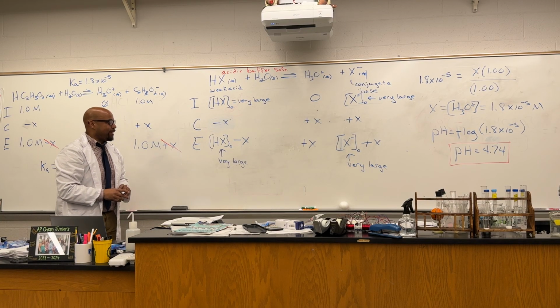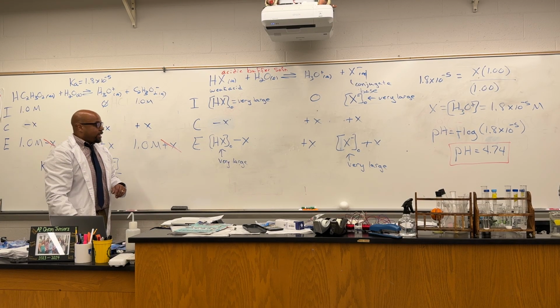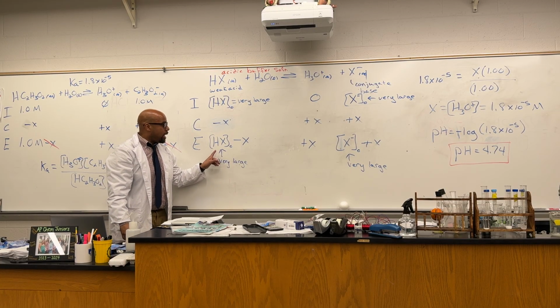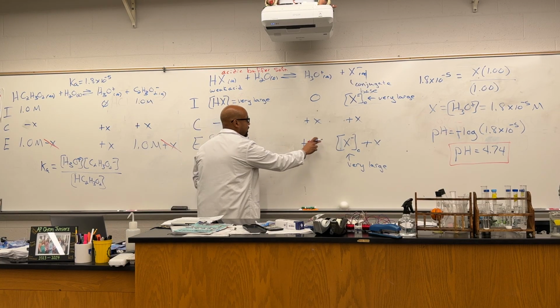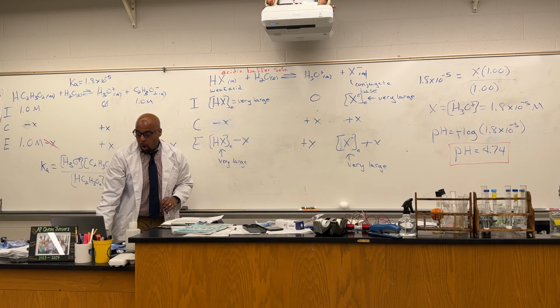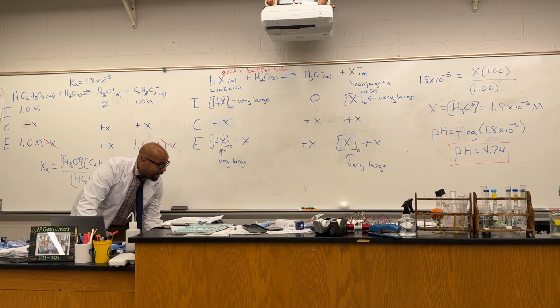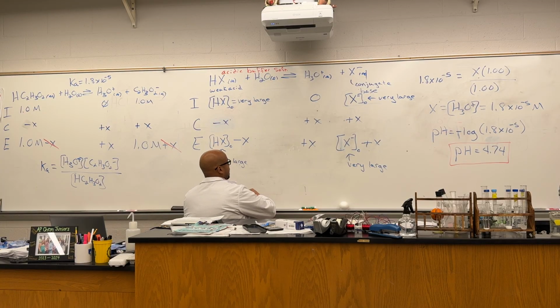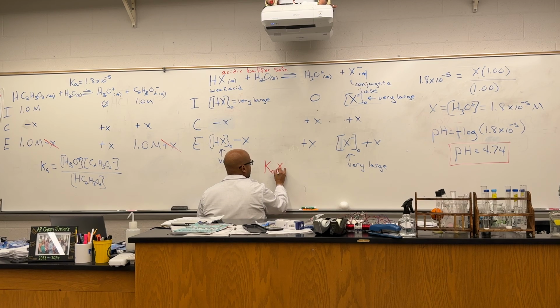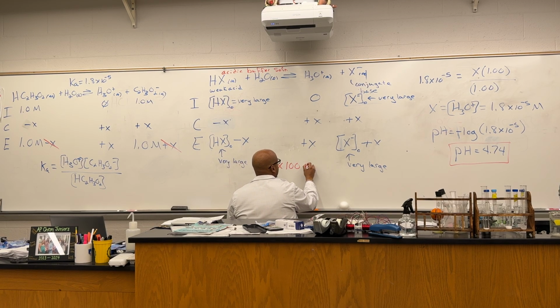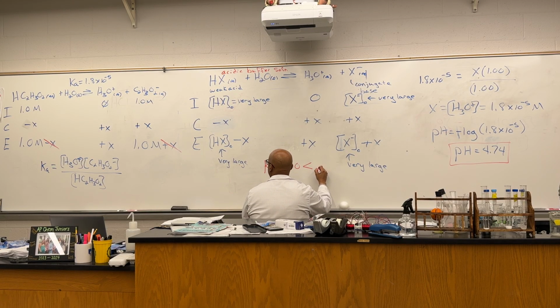All right, watch what's going to happen here, because this is pretty cool. Because I'm starting off with very large concentrations of the weak acid and its conjugate base, what I know is always going to play out, and watch carefully, is that this test right here, Ka times 100, is always going to be less than the concentration of either the HX initial or the X minus initial.